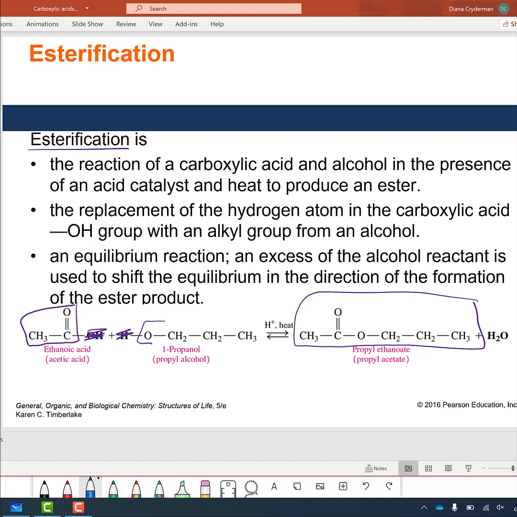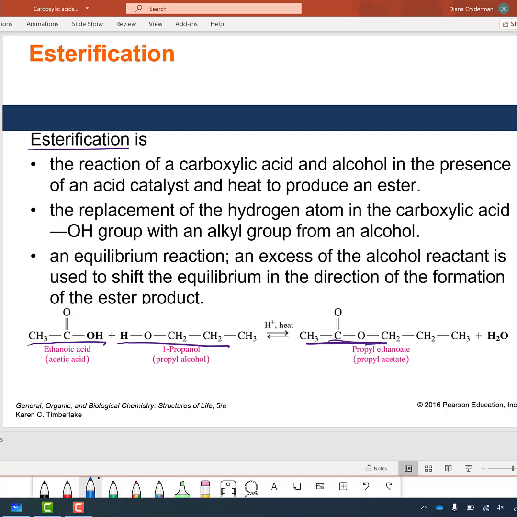So an ester has a carbonyl next to an oxygen, but these are surrounded by carbons. So again, we've taken a carboxylic acid and an alcohol, pulled out water, and joined them to form an ester.